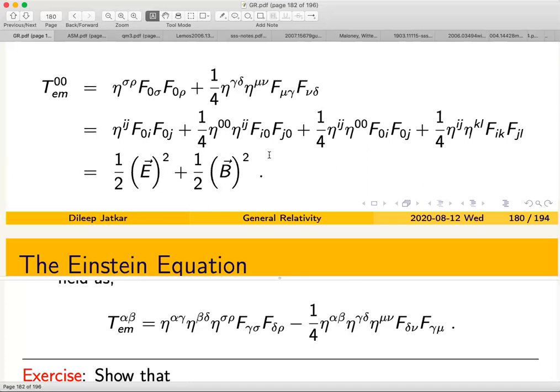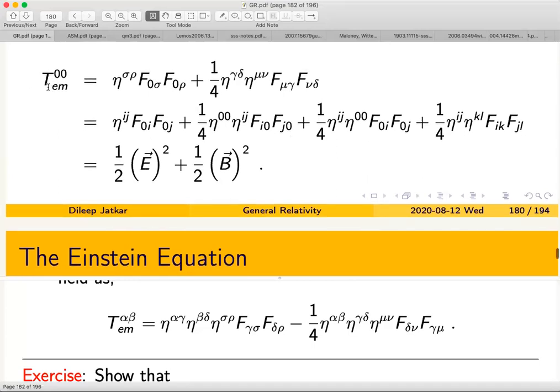Maybe I should state at this point that Fj0 is of course minus F0j, which would flip the sign for you. If you take all these factors together, you get half E squared, and this factor will give you half B squared. So the energy density of the electromagnetic field is just half of E squared plus B squared, which is of course what we call the Hamiltonian.